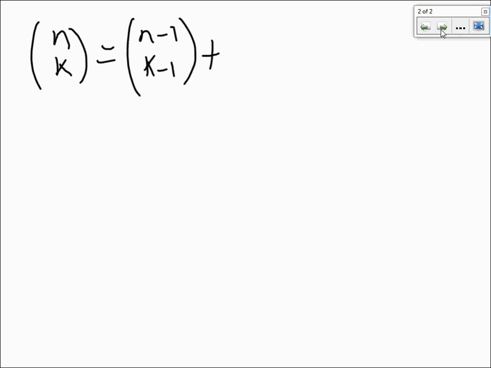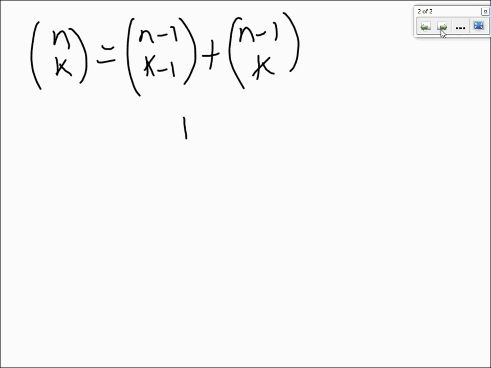Now, let's look at why this one people single out. There's many identities that we could have looked at, or that people in combinatorics look at. This one is pretty famous for the following reason. When you look at the Pascal triangle, you always put 1 at the left and the right.